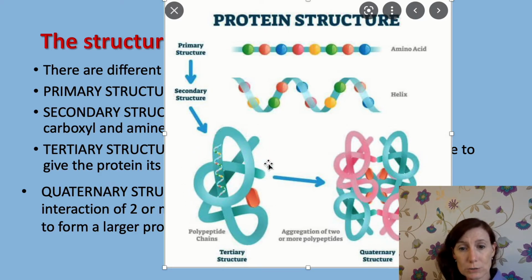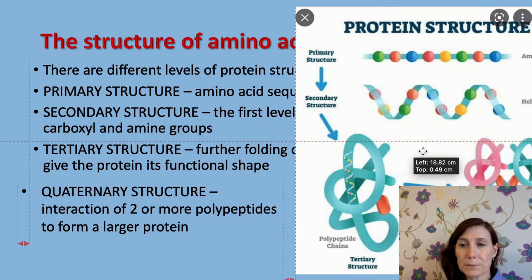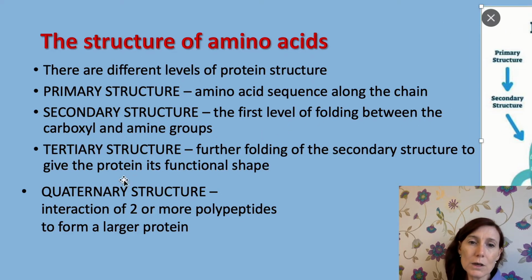This is the tertiary structure. And then these can join up with other ones to form the quaternary structure, and they often interact with other elements inside as well, which we'll come to. Okay. So that's our tiering. We're going to talk about it in just a little bit more detail. All right.